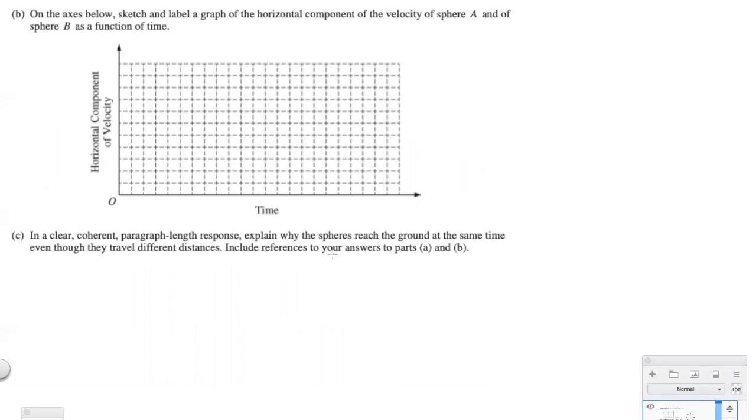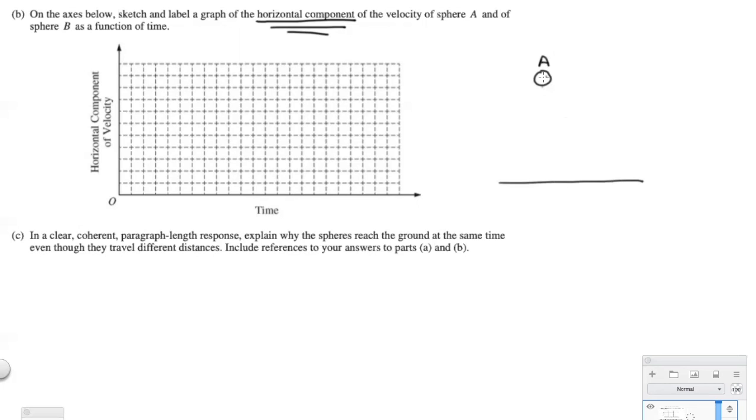All right, so B, on the axes below, sketch and label a graph of the horizontal. So we're focusing on the horizontal component of the velocity of sphere A and sphere B as a function of time. So again, our diagram was this. Sphere A was dropped.